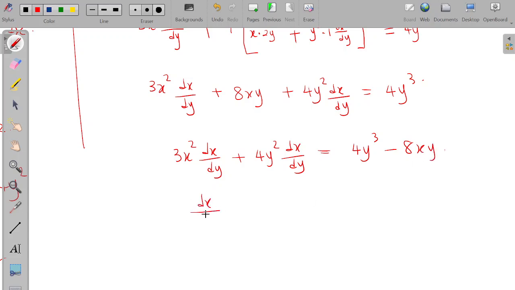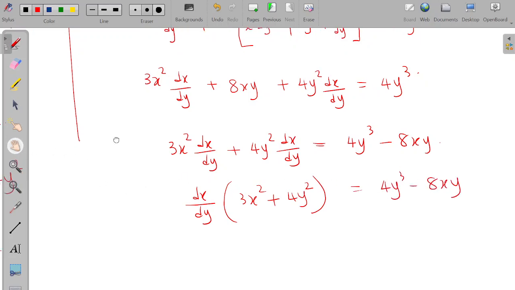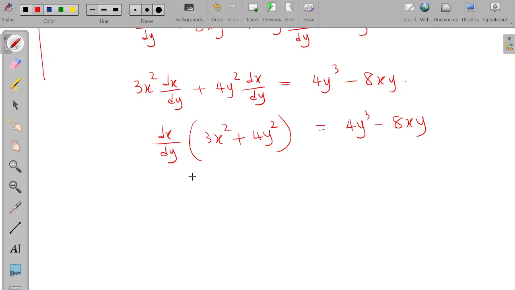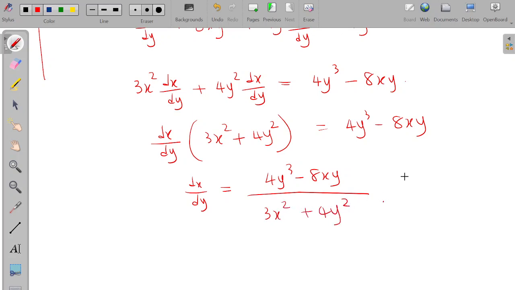Now dx over dy times (3x squared plus 4y squared) equals 4y cubed minus 8xy. Making dx over dy the subject, we have 4y cubed minus 8xy all over 3x squared plus 4y squared.